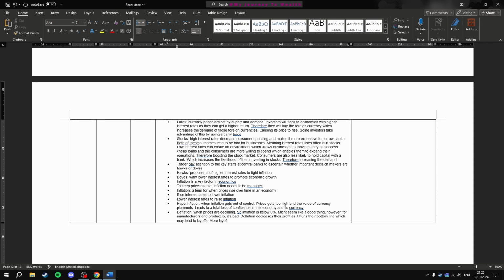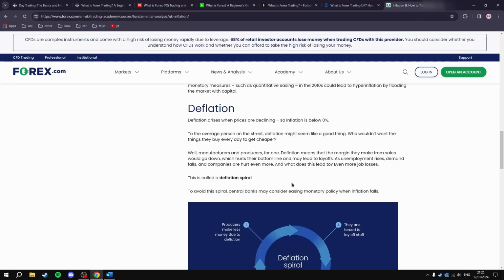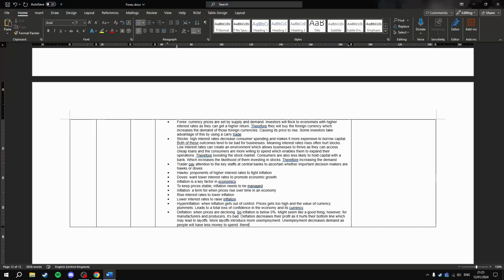More layoffs introduce more unemployment. Unemployment decreases demand, as people will have less money to spend. Therefore, companies are hurt even more.